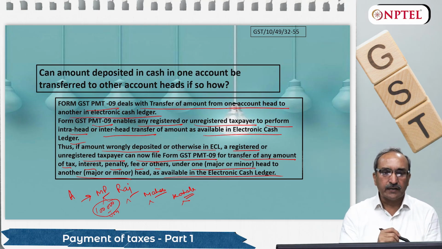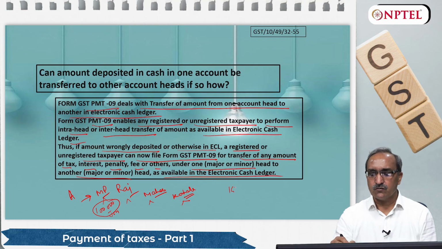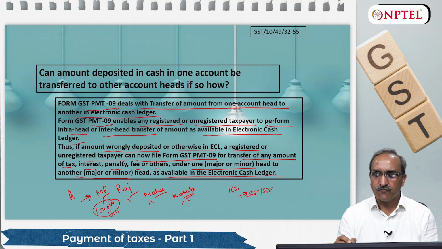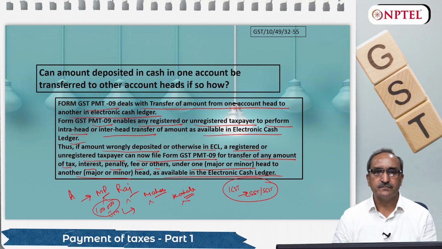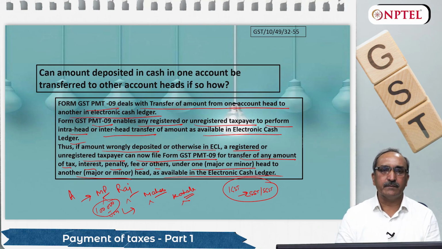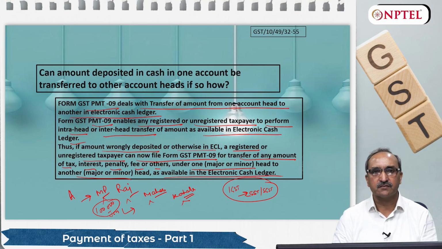So if this 1 lakh rupees was deposited in the IGST account, it can be shifted to CGST or SGST. Even if it is not to be used in Madhya Pradesh, the amount can be transferred to Rajasthan also, provided you don't have any tax liability in Madhya Pradesh.